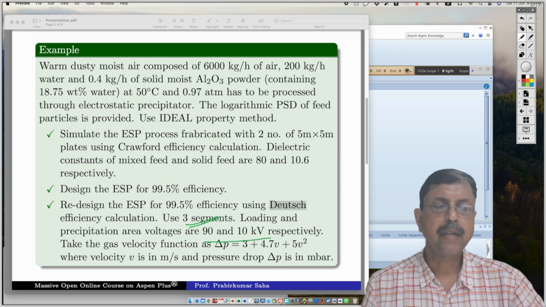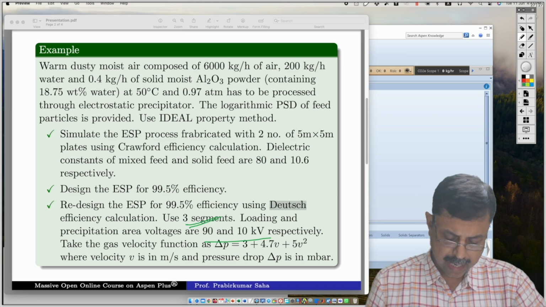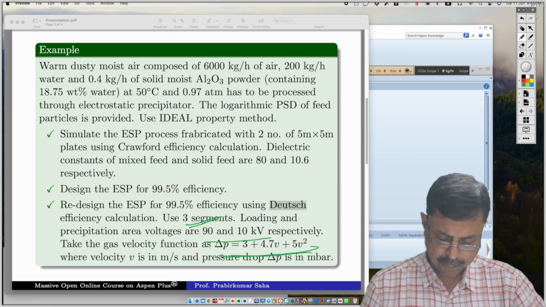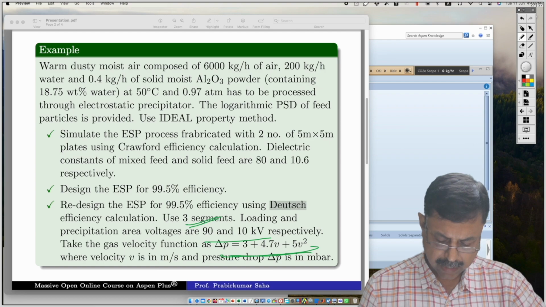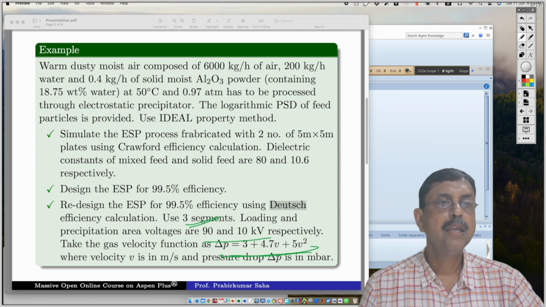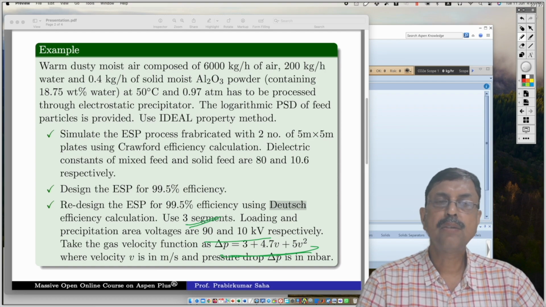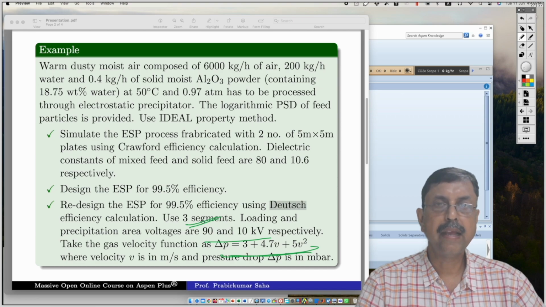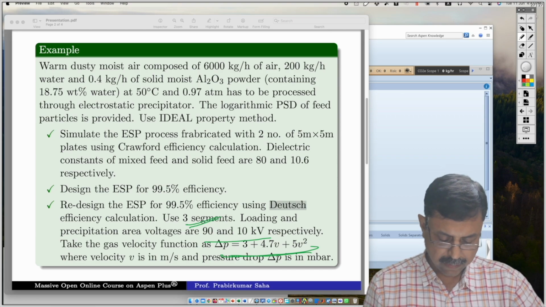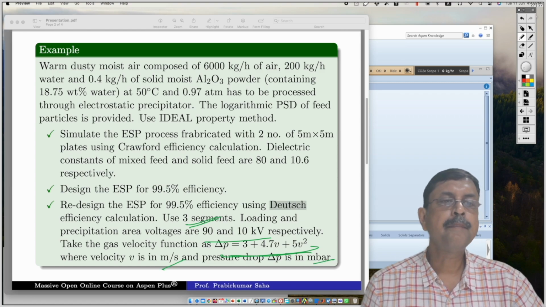They are required data. Take the gas velocity function as 3 plus 4.7 v plus 5 v square. You might remember that the same function we have used for fabric filter as well. So you can repeat that function where the velocity is in meter per second and pressure drop is in millibar.